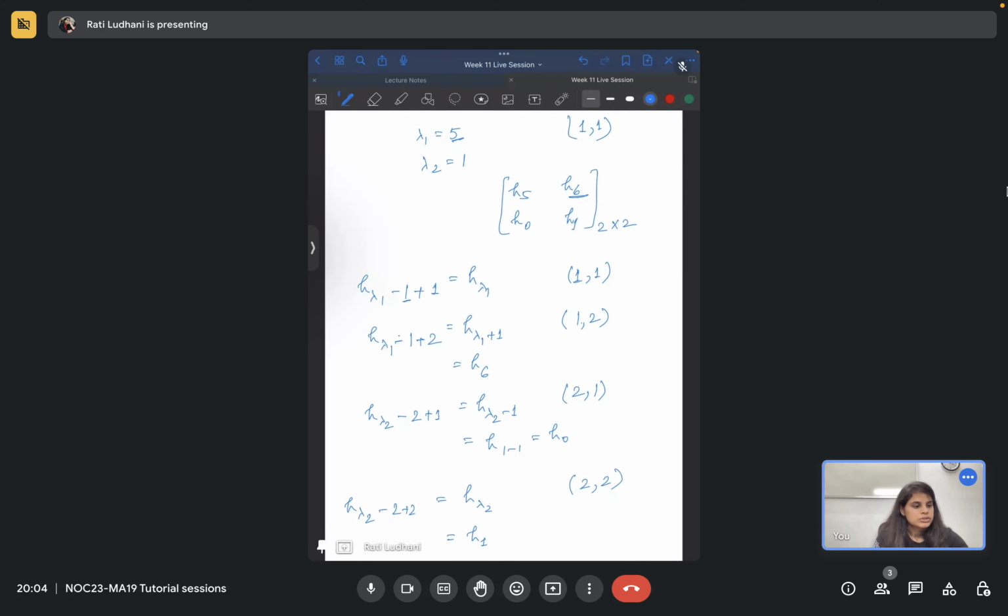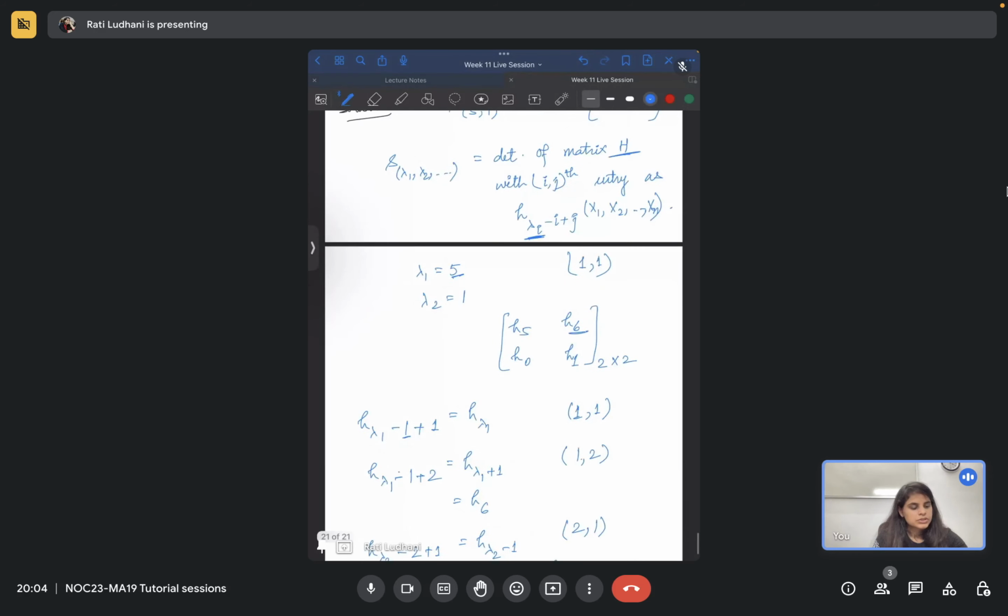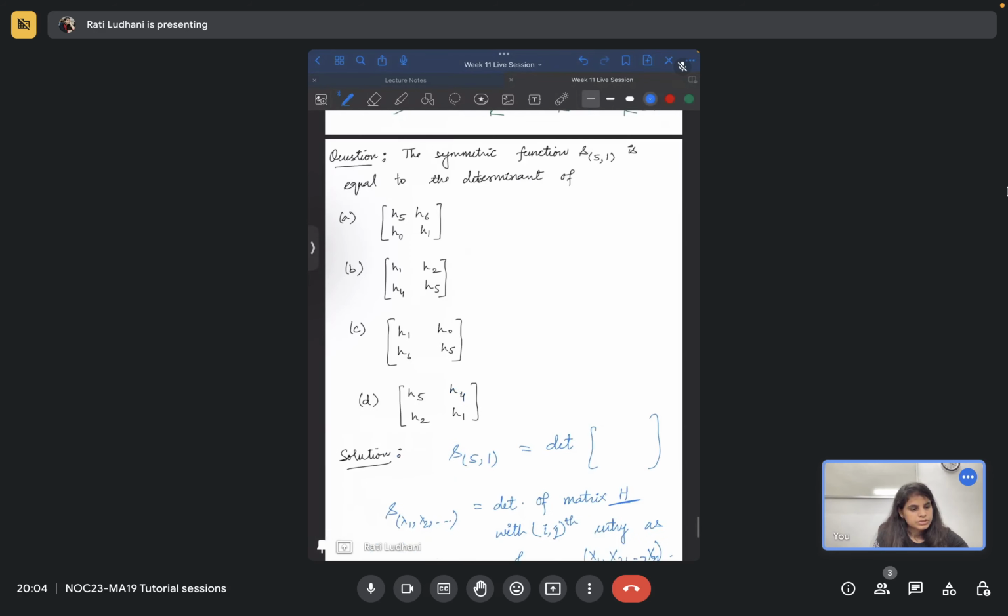So the matrix is h5, h6, h0, h1. Let's see which one it is: h5, h1, h0, h6. This is the one.